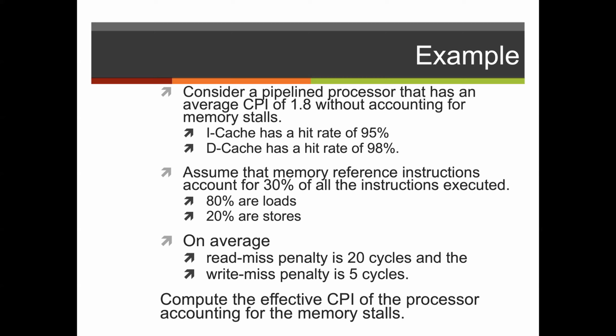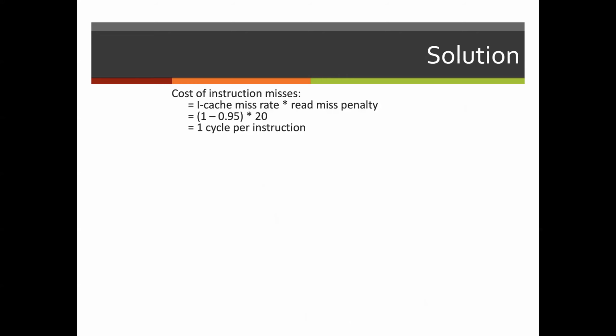We can approach this scenario in the following way. We first calculate the cost of the instruction misses. In this case, we have our iCache miss rate times the read miss penalty. This is going to be (1 minus 0.95) times 20, which equals 1 cycle per instruction.